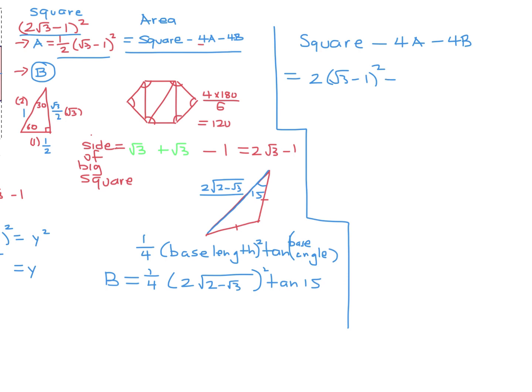Then we have to subtract 4a, and 4a is 4 times this 1/2 root 3 minus 1 all squared. And then we have to subtract the 4b, which is 4 times this 1/4 times 2 times the square root of 2 minus root 3, all squared, and then times the tan of 15. Got it? Okay.